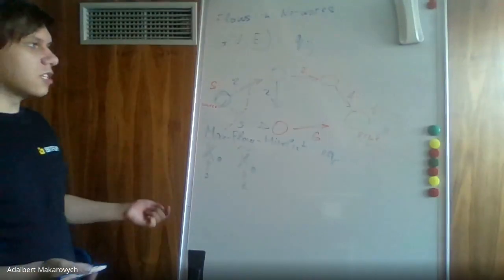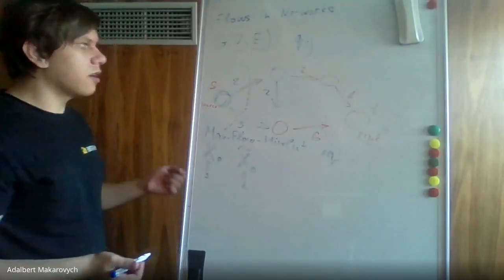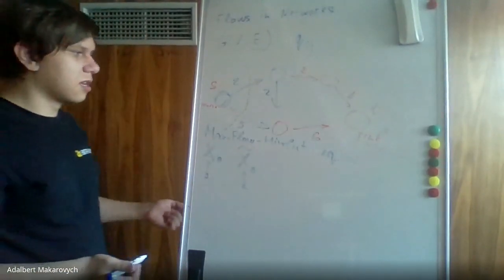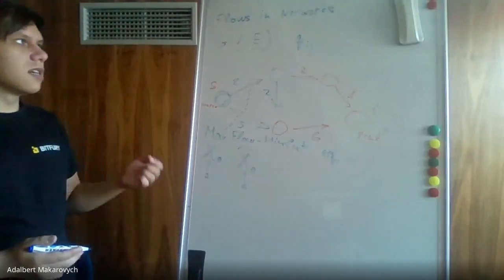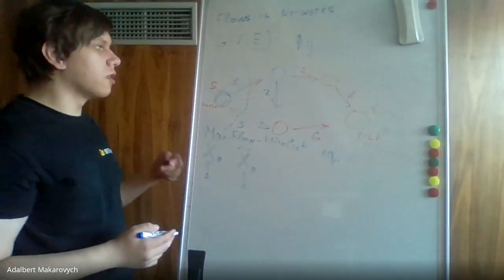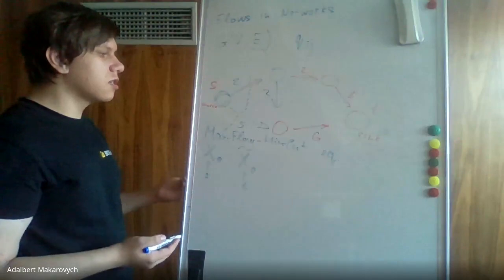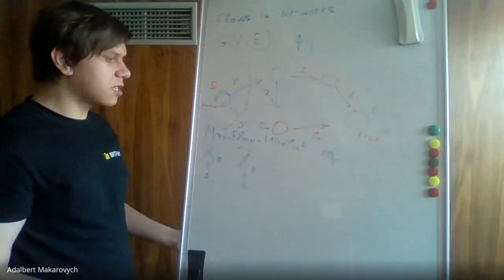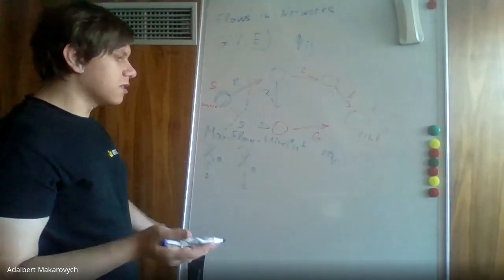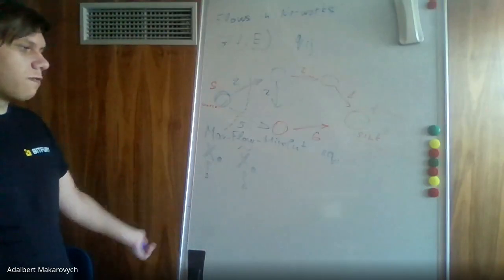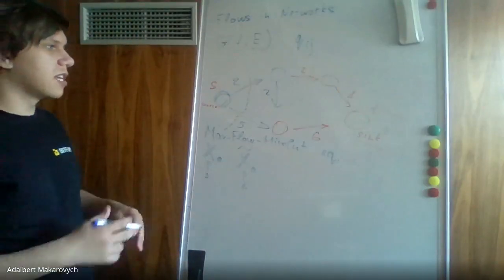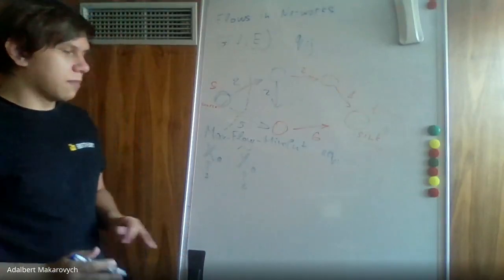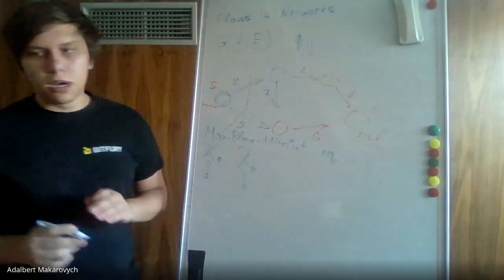But all of these edges are inside the min cut. So we can't push more flow through these edges than the min cut. Thus, we can't push more flow than the min cut in the network at all. So it's pretty obvious.